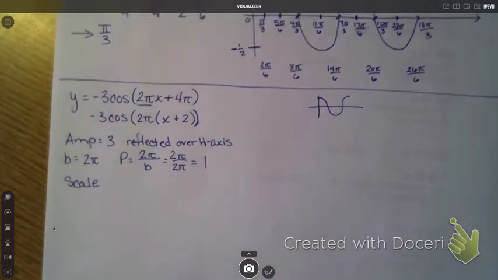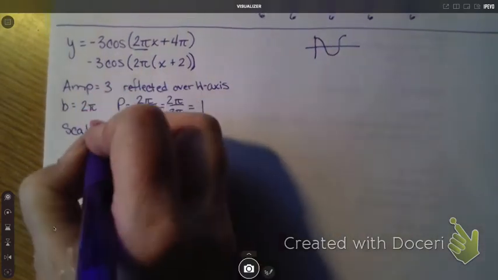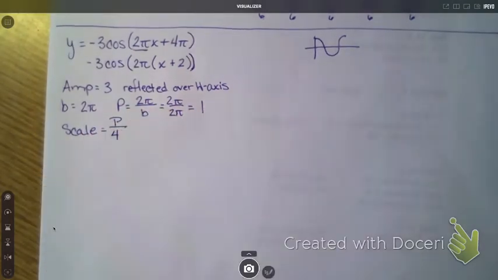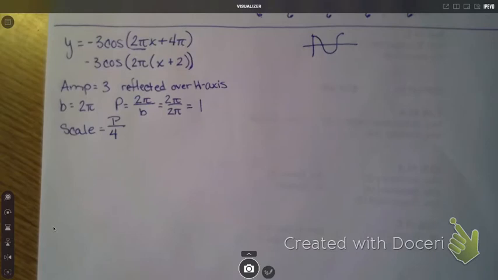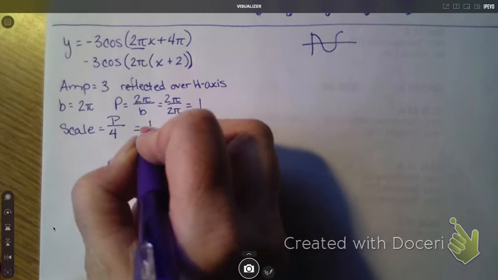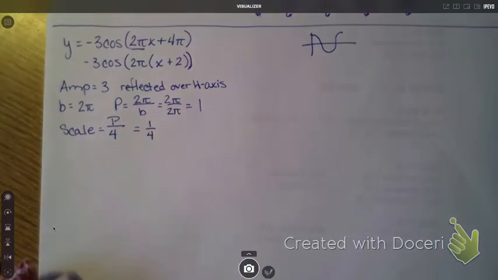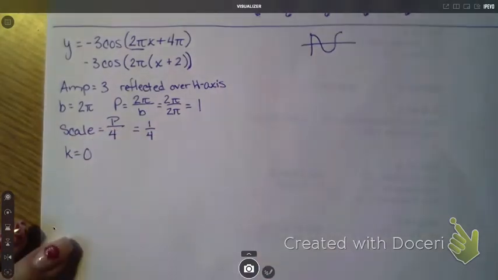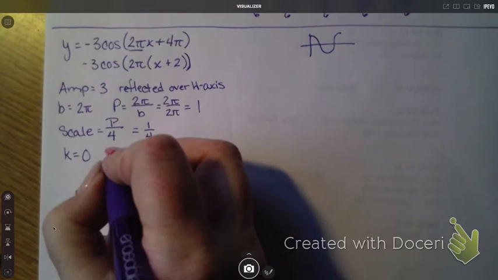So the scale is period divided by 4. And why 4? Because there are 4 quadrants, 4 equal parts. So the scale is 1/4. Okay, do we have a k? Nope, so I'm just going to put k equals 0 so we can remember to look for it. What's h?